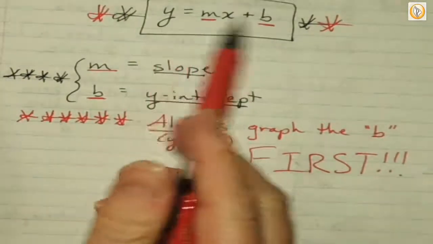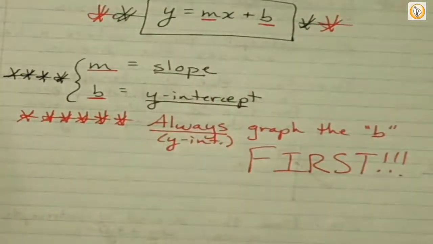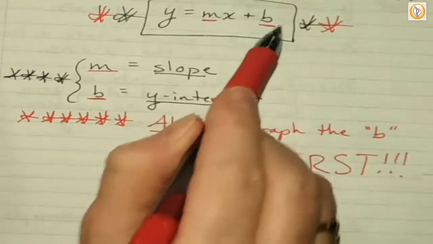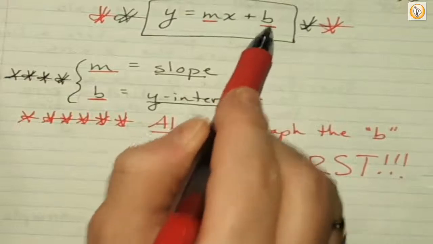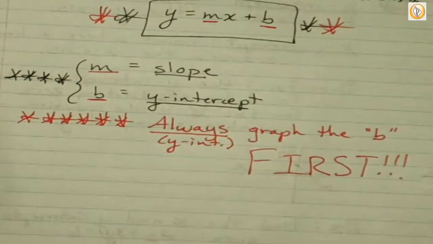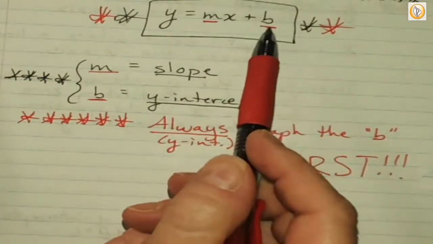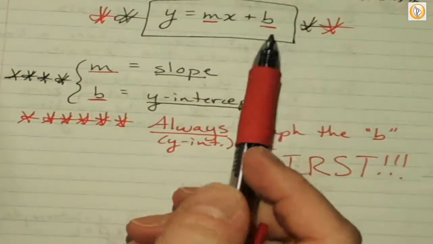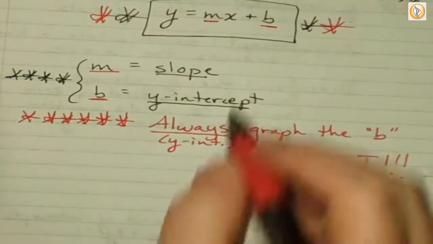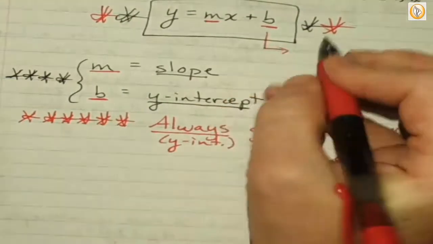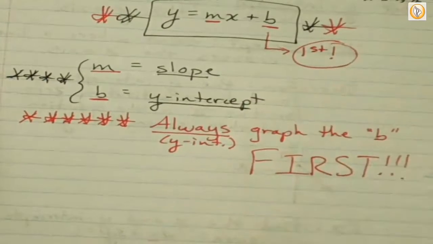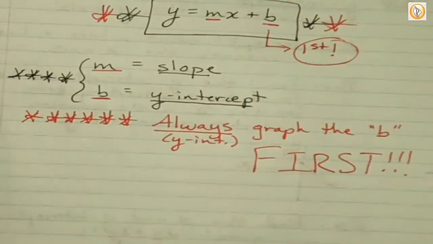So when you're given this equation, the first thing you're going to do is jump right there. That's number one. You will find that. It'll be like a 4 or a negative 4 or something like that. And you're going to stick that dot on your graph first. Always, always, always. In fact, I'm going to put a little arrow. First. Always. I got to drill that into your head.